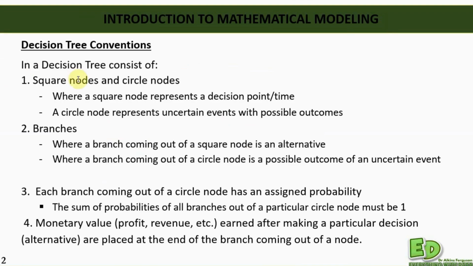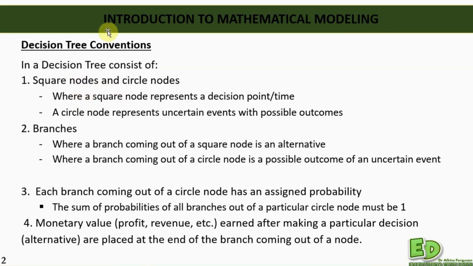A decision tree shows a graphical representation of the sequence within which an event will occur or certain business decisions are made, just to evaluate the possible investment options.